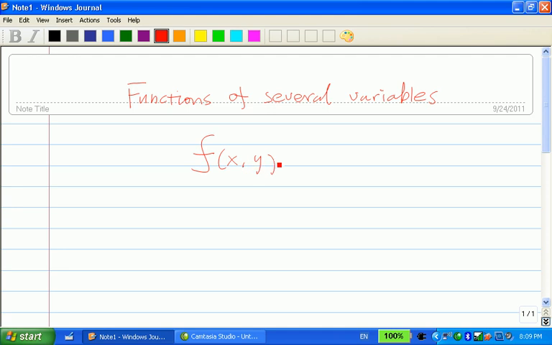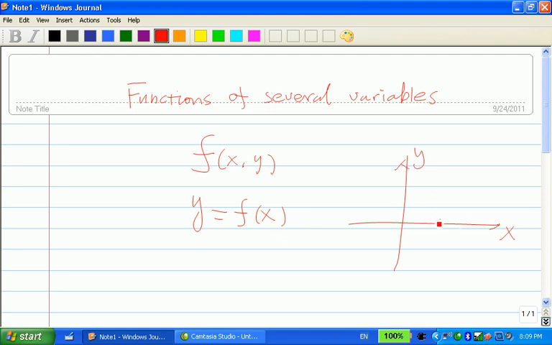When we talk about functions that depend on two variables, it's nice to recall the function that depends on one variable, which we're familiar with: y equal to f(x). The graph for a function of one variable, y equal to f(x), is a curve on the xy plane.